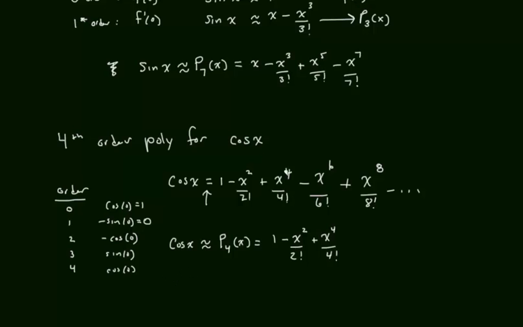Let's take a look at this one. What if I asked for a 5th order polynomial? A 5th order polynomial would be 1 minus x squared over 2 factorial plus x to the 4th over 4 factorial. But then the 5th order term has a coefficient of 0, so there's no term there.